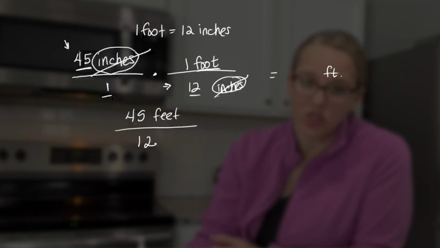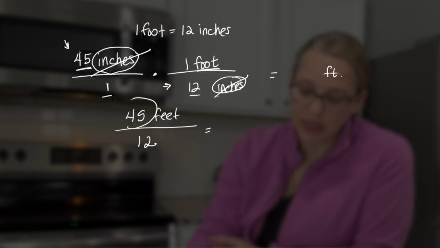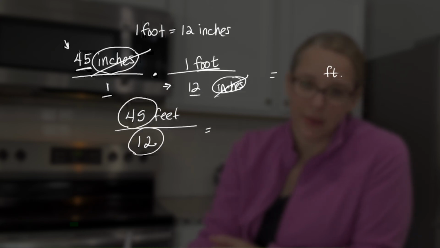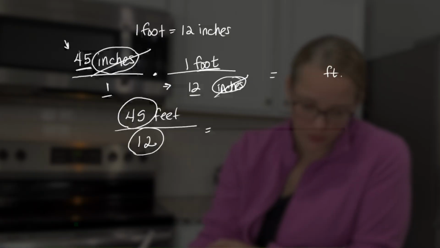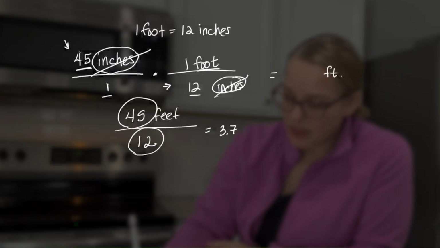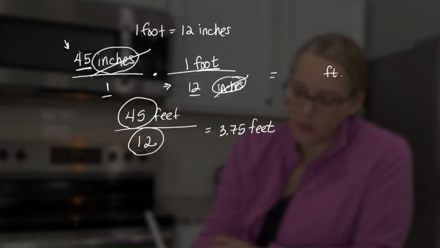Now I crossed out my inches so I don't have any kind of label on the bottom. So when I actually do that division problem, I'm just going to divide 45 divided by 12. Can one of you do that on your calculator and tell me what that is? Do you have a calculator with you? I should have told you that you need one of those. 3.75. Right. So 3.75 feet. So we know now that 45 inches is the same as 3.75 feet.